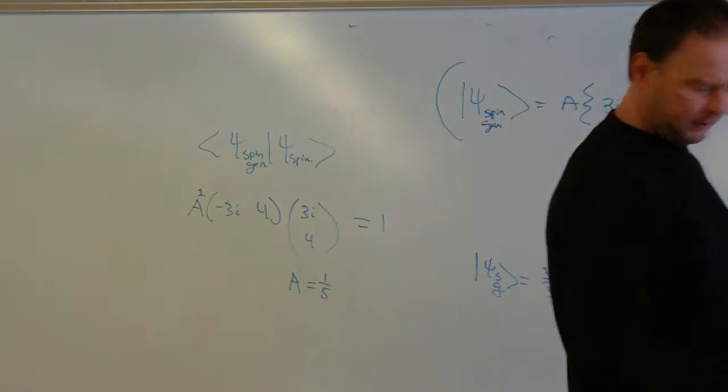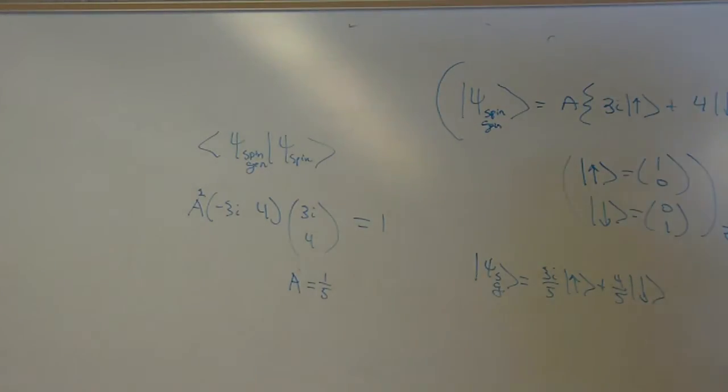Okay. The next question it asks is, what is the expectation? So find the expectation value of, I start off with z because it's the easiest. So first of all, what does an expectation value mean? This is super important. Is it where you're most likely to find it?